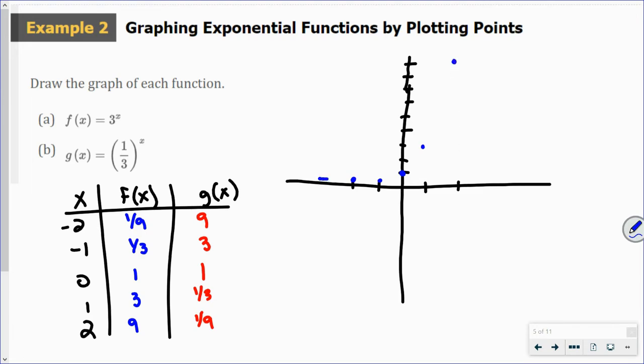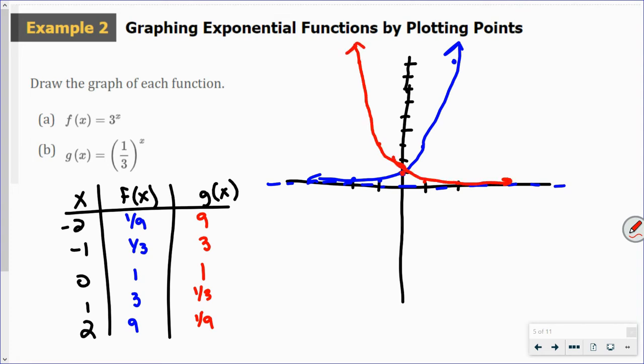Okay, so here's this one. It's kind of growing like this. Okay, again, I still have this horizontal asymptote at y equals 0. And then this one, we're at -2, 9; -1, 3; 0, 1; 1, 1/3; and then 2, 1/9. So we have this right here. Oops, I was supposed to go through that point.